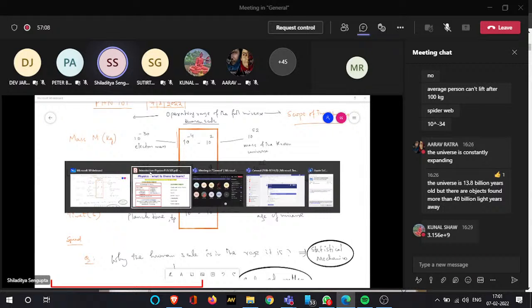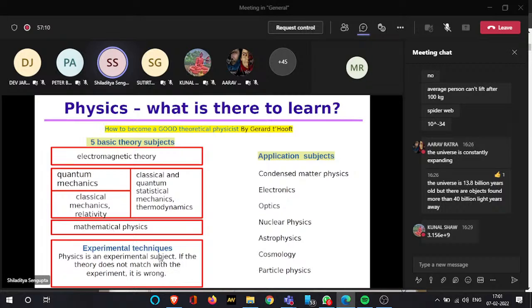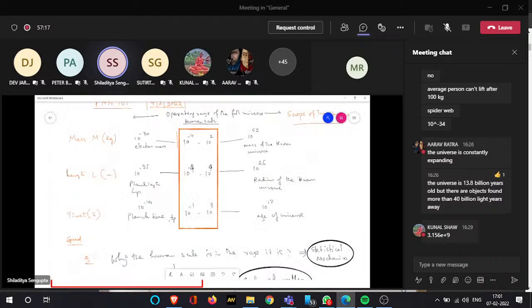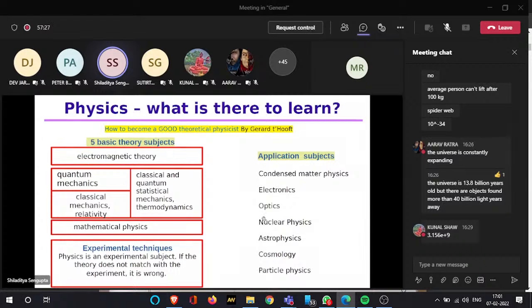You learn the basic rules from these courses and the experimental tools from your lab courses, and then you can study different regimes of this. You can explore different regimes of mass, length, and time, and that will give you different types of subjects.